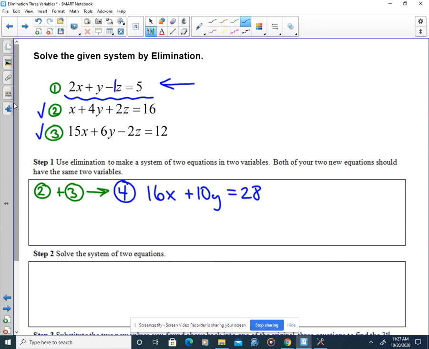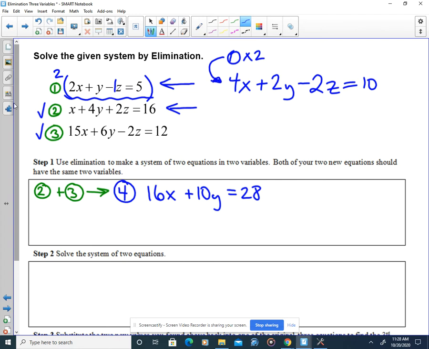If I combine it with equation 2, let's use equation 1 and 2. If I just added them together, the z's won't cancel out. So what I'm going to have to do is multiply equation 1 by 2. So if I do that, I get 4x plus 2y minus 2z equals 10. So this is equation 1 multiplied by 2.